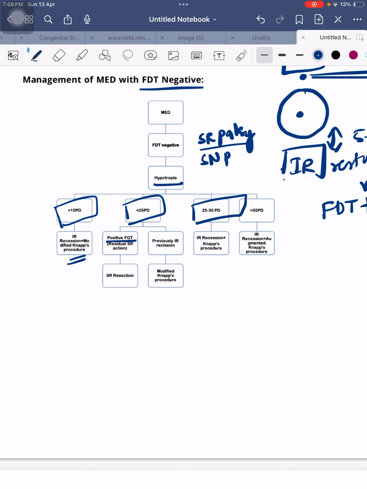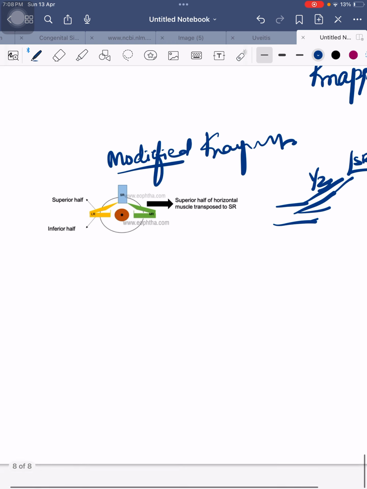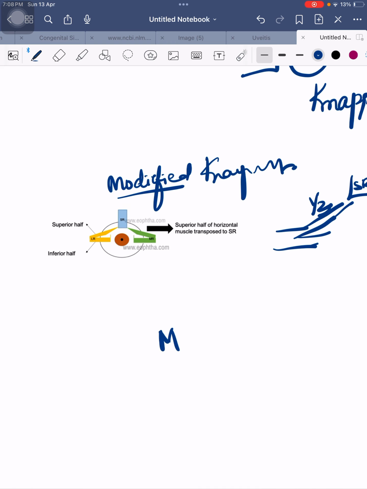If FDT is positive, superior rectus resection can be done. If previous inferior recession is done, you have to go for modified Knapp's procedure. More than 35 PD, IR recession with augmented Knapp's procedure has to be done. And this is how the MED has to be managed.